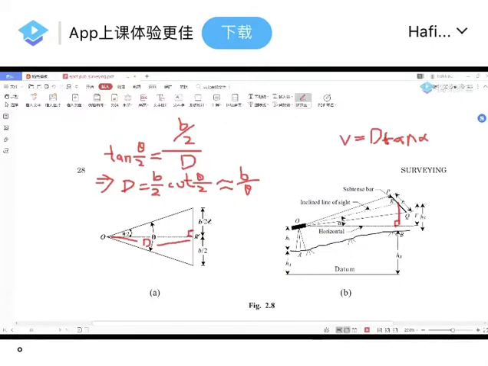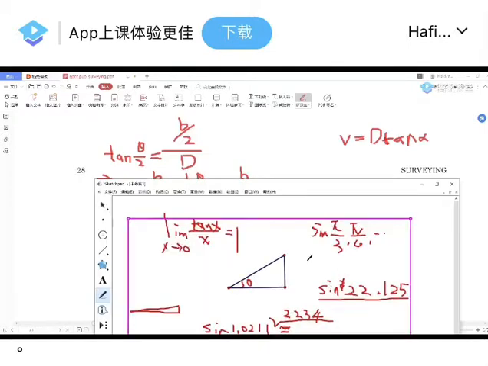So this length divided by this angle. So it's pretty much D, which is indeed a radius. If you look at the first one I told you guys, basically it's a radius.